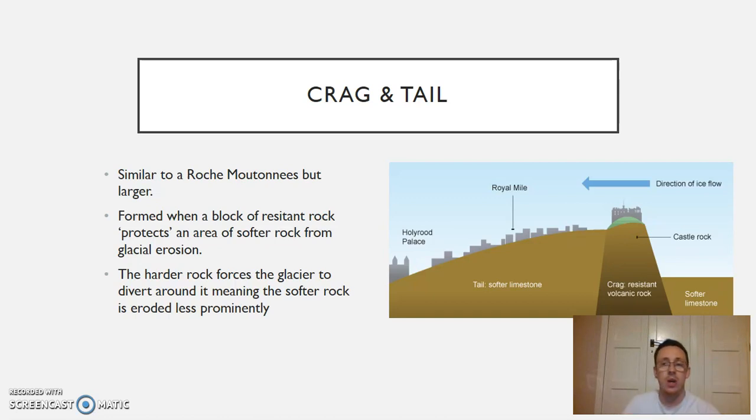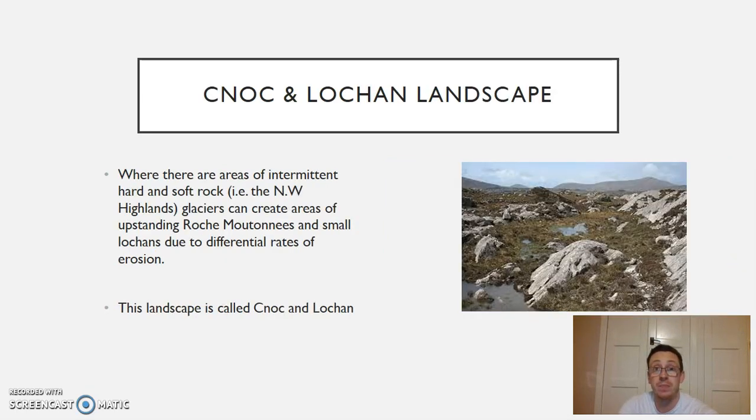It can't go through. Because it has to go around it, we've got a kind of shadow where softer rock that normally would get eroded away is preserved, because the glacier had to accommodate this big chunk of really hard rock. The example you can see on screen is the Royal Mile in Edinburgh, which is a really good example of this.